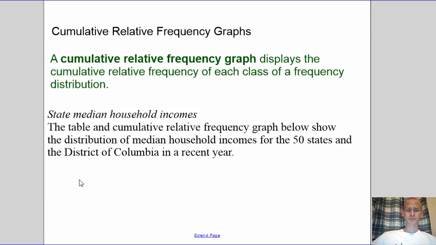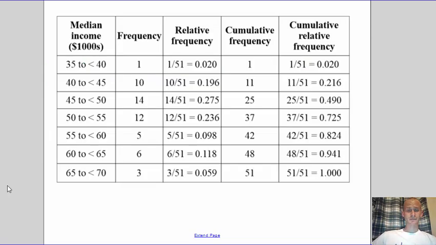So in our notes, we have the example of the state median household incomes. The table and cumulative relative frequency graph below, I have it on the next slide, is for 50 states and the District of Columbia median household incomes. Here it is. As we look at this, you can see the frequency. Frequency is how many are in that specific block.